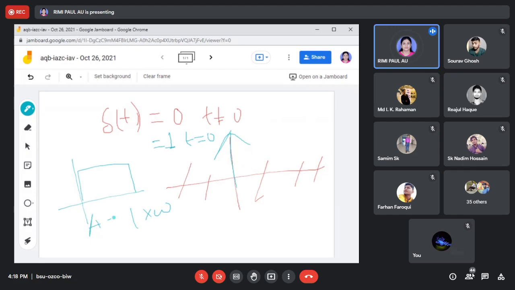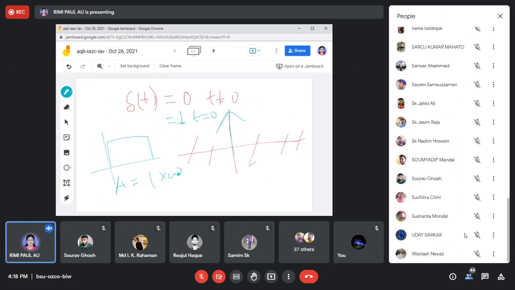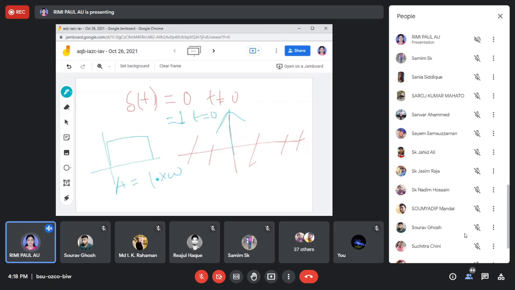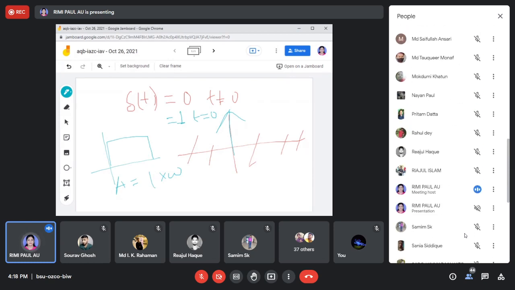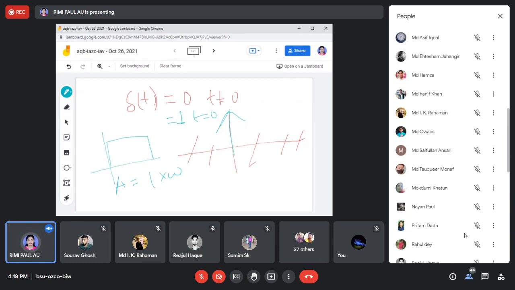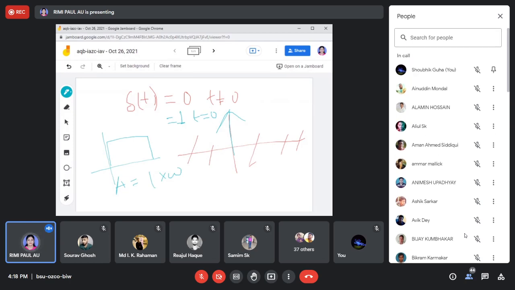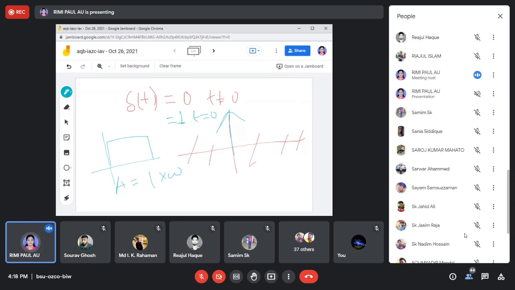If I have to keep it constant and I am increasing the length, the width should decrease. So if I continuously increase the length, the width will continuously decrease. If I increase the length infinitely, then I can say the width should be 0.